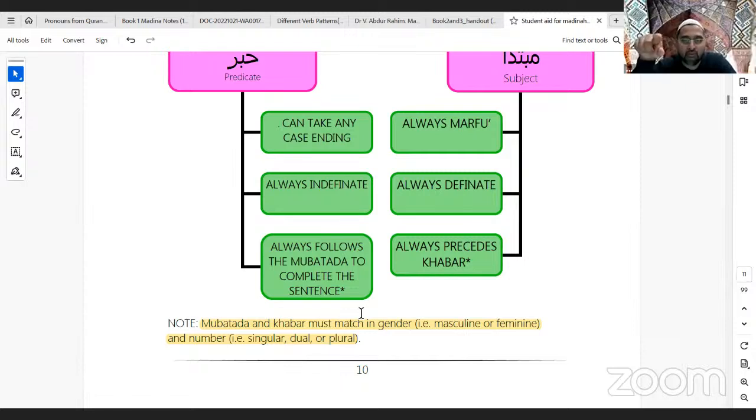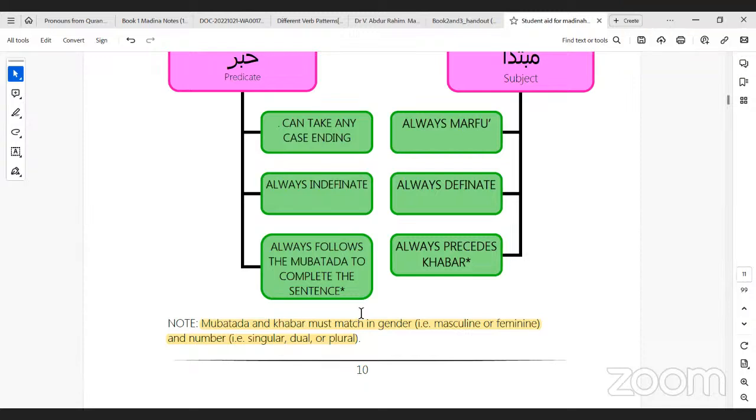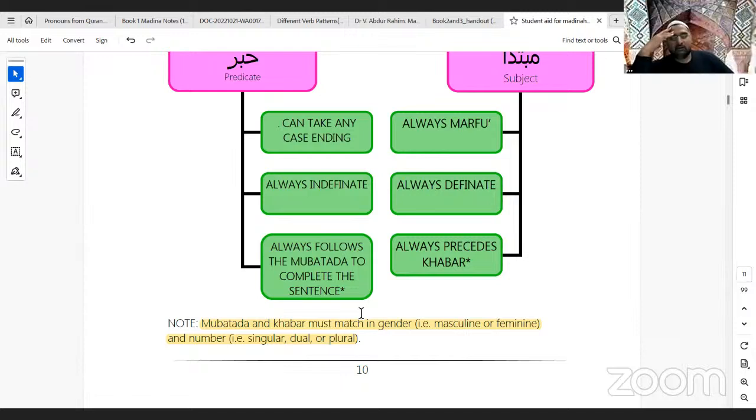So remove the ta marbuta, add an alif and a flat ta, and it becomes the feminine plural. Alimatun. The female lady. Muslimatun.